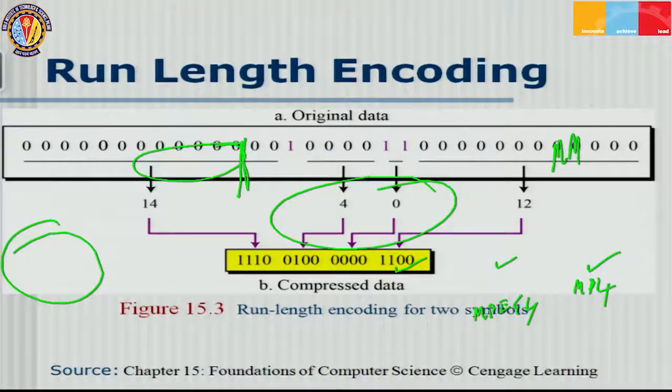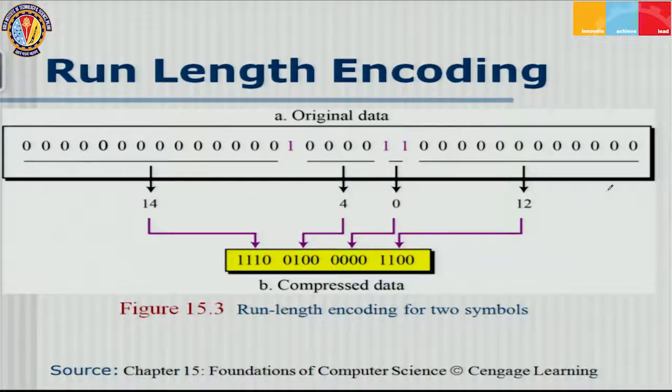Now here is a sequence of zeros and ones, which is what we are typically interested in for bitmaps. Bitmaps are nothing but sequences of zeros and ones. What we have done here is focus on the runs of zeros. So there are 14 zeros in the beginning, and 14 is represented in binary here.